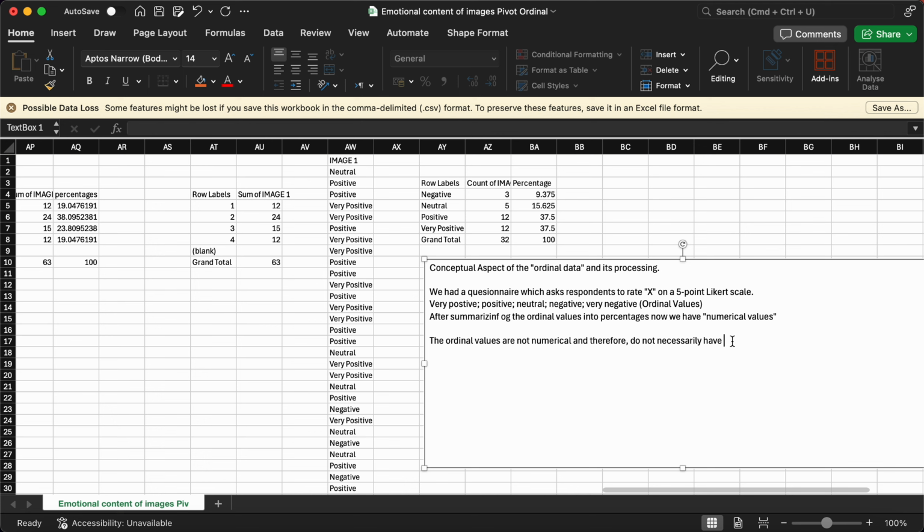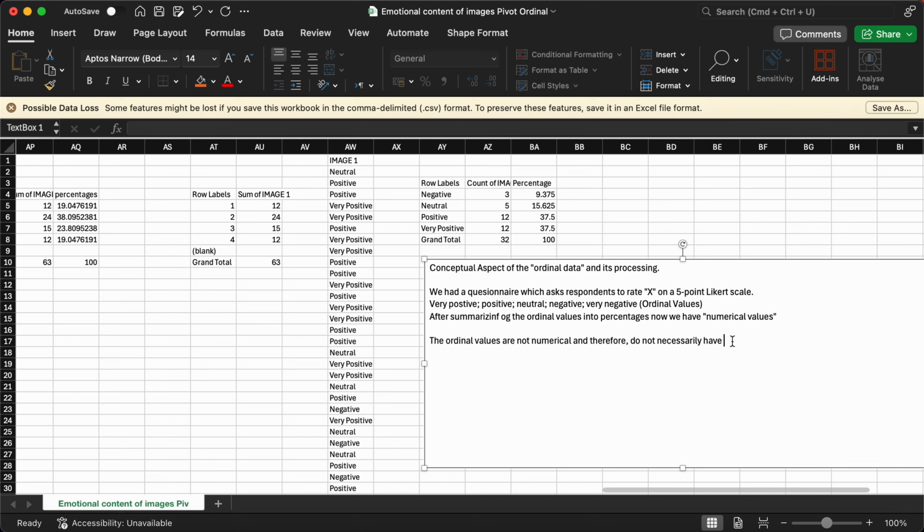Because there are researchers who make the assumption that the space between points on a Likert scale is equal, the equidistant space between the points. But what I want to say here is that the space between them doesn't have quantitative value. It has qualitative value.